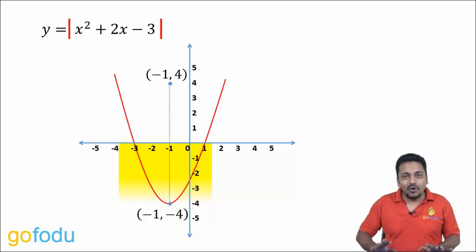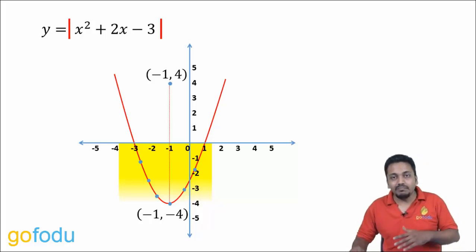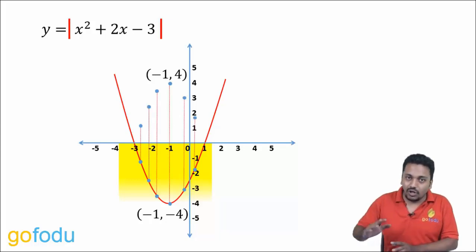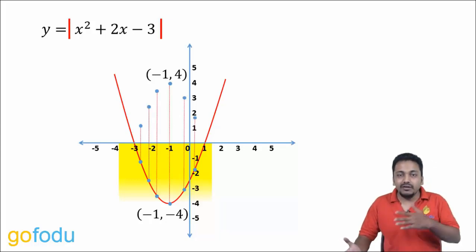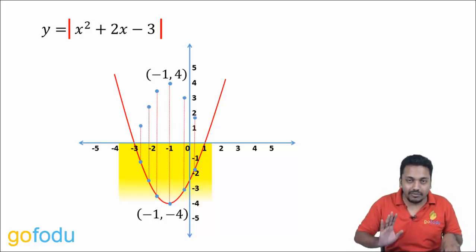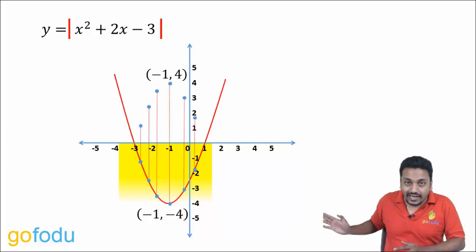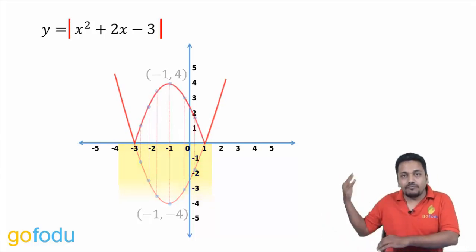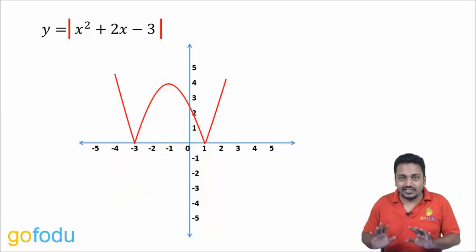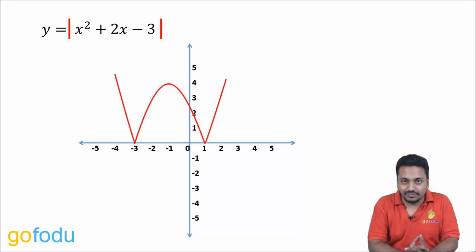Basically, all the negative values of y that we are getting now will become positive. For y is equal to mod of this quadratic equation, all the negative values of y will become positive. So only the sign will change, magnitude will remain the same. So this part of graph on the negative y-axis will flip upwards towards the positive y-axis. Okay? This is the final graph for this quadratic equation inside the mod.